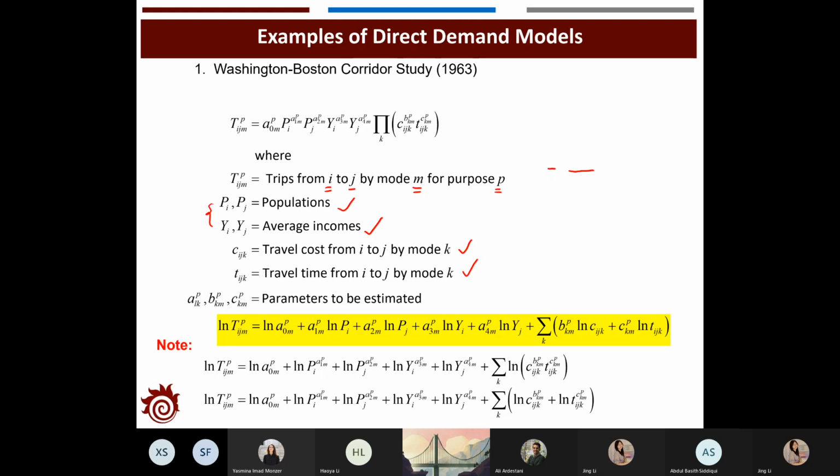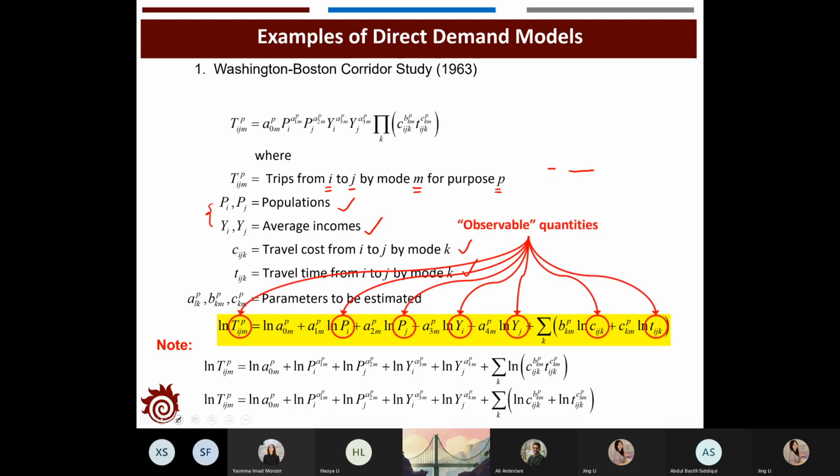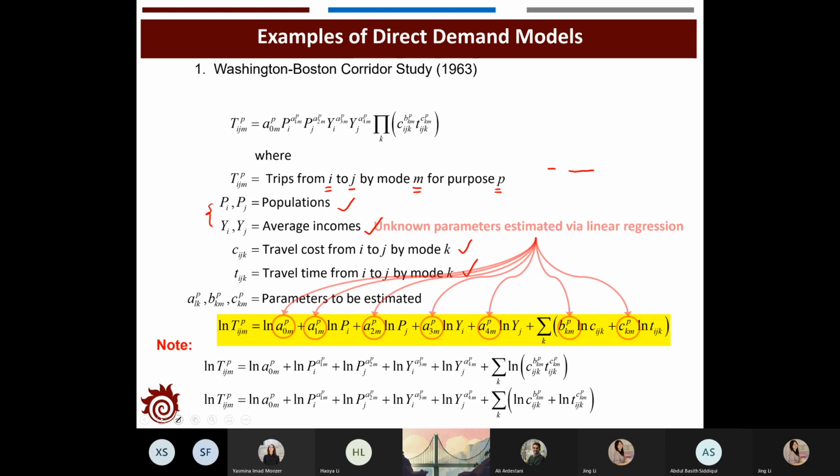The log of T will be a function of a set of observed variables, including the population, the income levels, the cost of the trip, and the travel time of the trip. There are also some unknown parameters, which you need to calibrate from the observed data with linear regression.